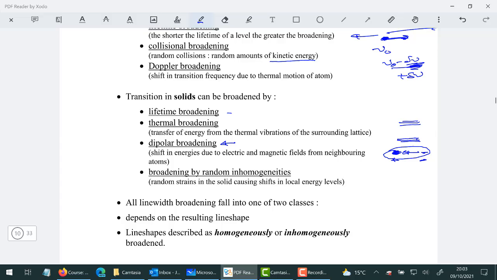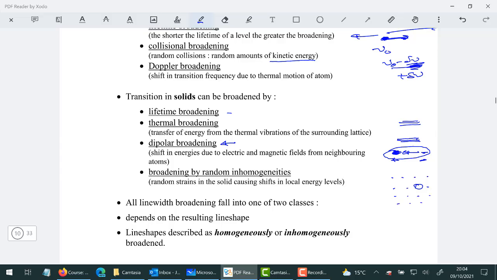Then we may have random stress fields because of random inhomogeneities, where in the regular lattice of the material there is suddenly some larger atom or other impurity.